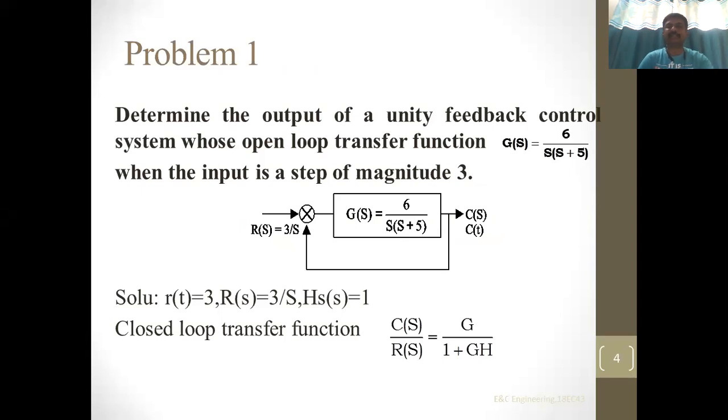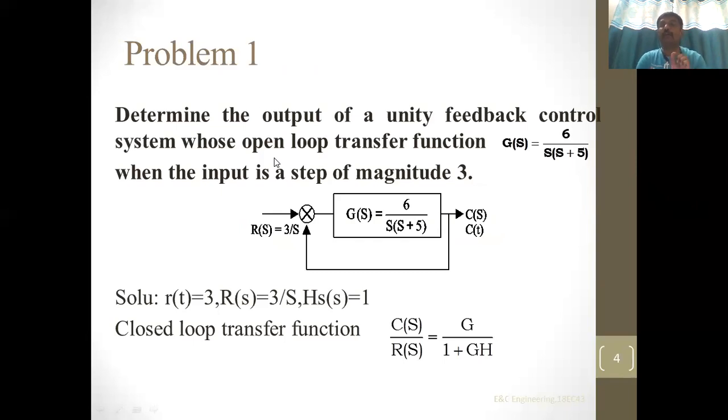First let me understand the statement of the problem. Later, we'll think of what to do and how to evaluate the parameters. Is it okay? Now, what is the statement? It says, determine the output of a unity feedback control system.